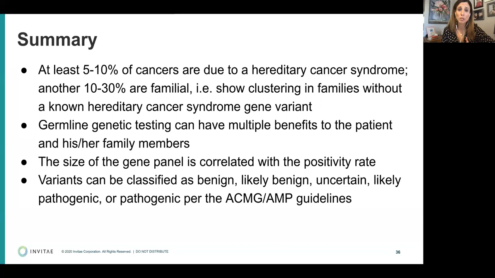The size of a gene panel is going to correlate with your positivity rate, and variants can be classified as benign, likely benign, uncertain, likely pathogenic, or pathogenic. And you need to be aware that for those uncertain findings, which occur relatively commonly, those really should not be used to guide the patient's care until further research can be done to clarify the significance of that variant in that patient.